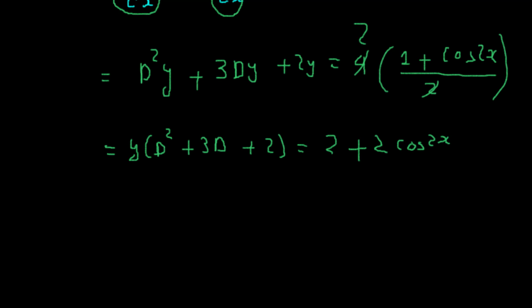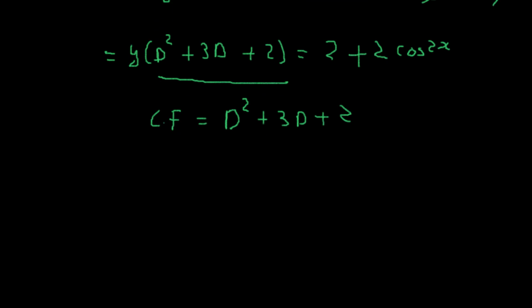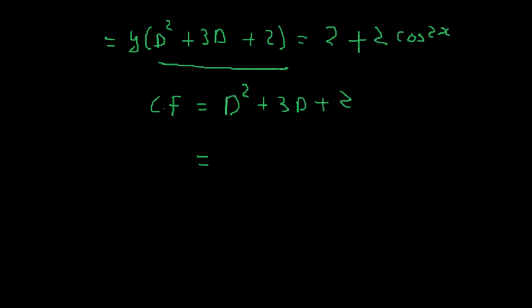For CF we are going to take this equation, just like we did in the previous question, d square plus 3d plus 2. It's not the three-dimensional one, it's differentiation, or if 1 by d then it is integration. Anyways, we are going to find the roots of it. You can use your scientific calculator, as I mentioned in all my videos. Using a scientific calculator is the best, and my values are 1 and minus 2, which are non-repetitive.